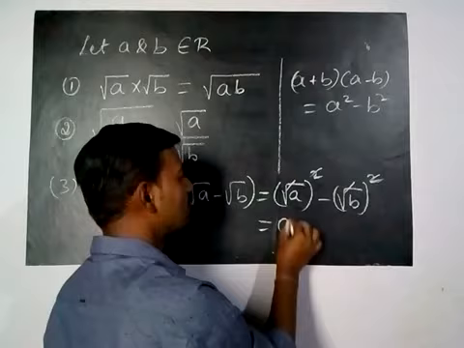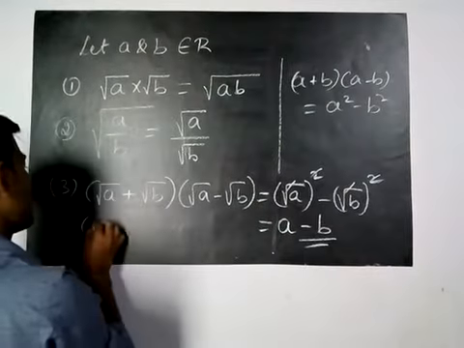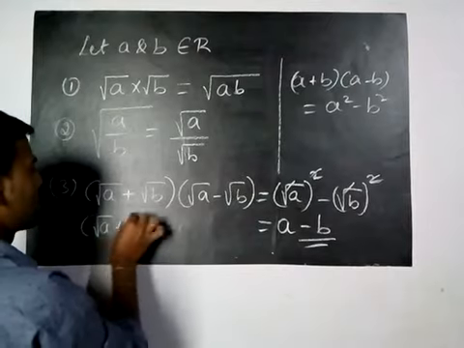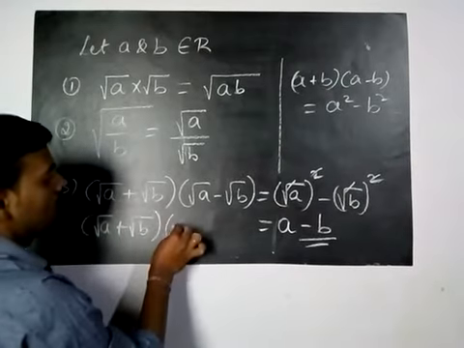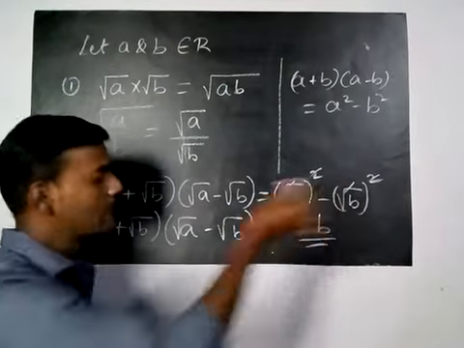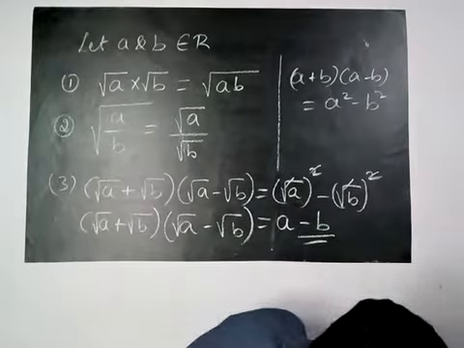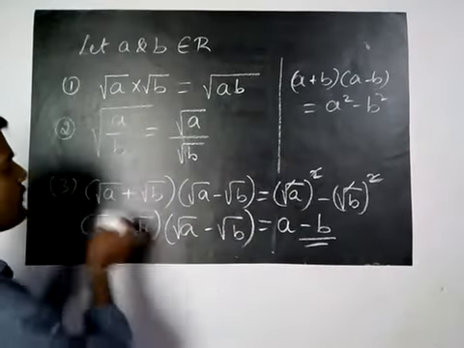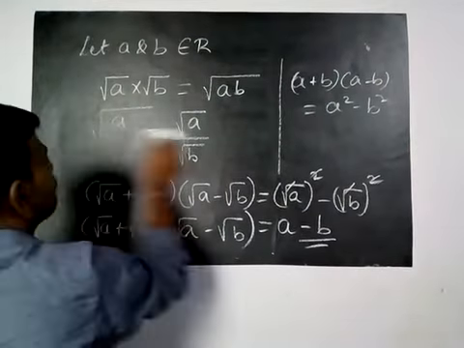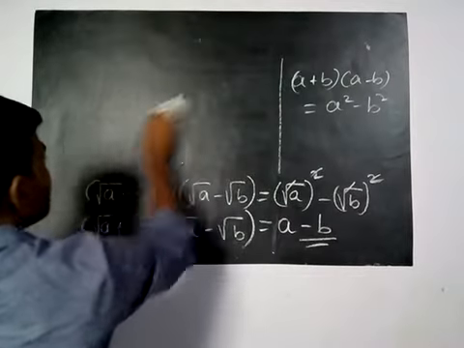Then what is left? a minus b. So square root a plus square root b into square root a minus square root b is equal to a minus b. Remember these points. These are the general formulas you must remember.